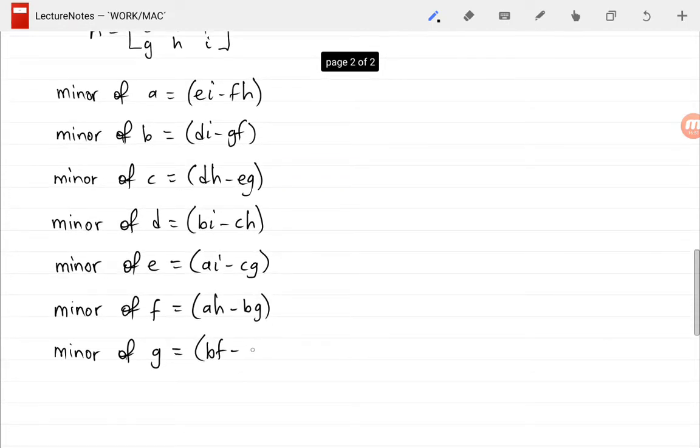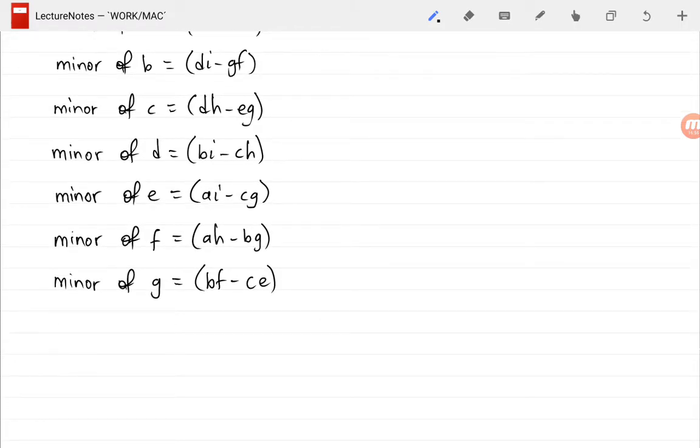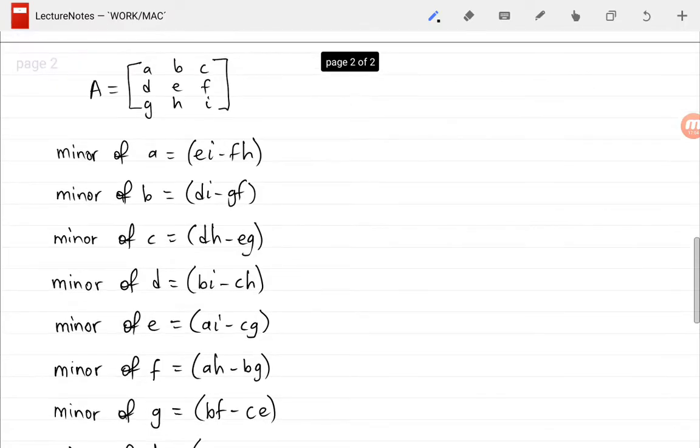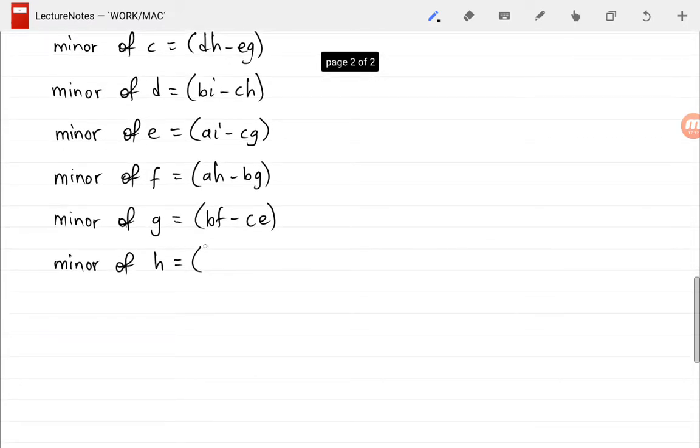Minus EC, minus CE or EC, doesn't really matter. Minor of GH, and H is just down here, so we cross that out and we're left with AF minus CD.